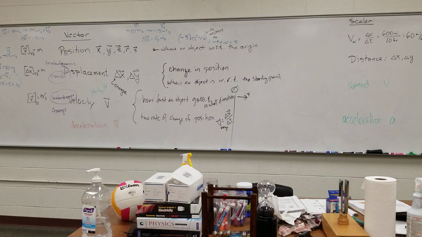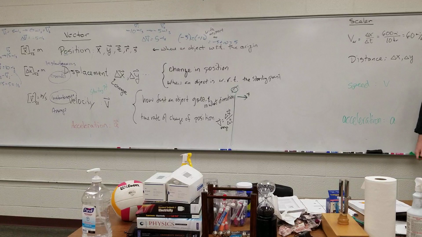I think there are 100 symbols between the Greek and Roman alphabets, uppercase and lowercase. Now, on a test or quiz, if you were asked what is the acceleration, which one is it?